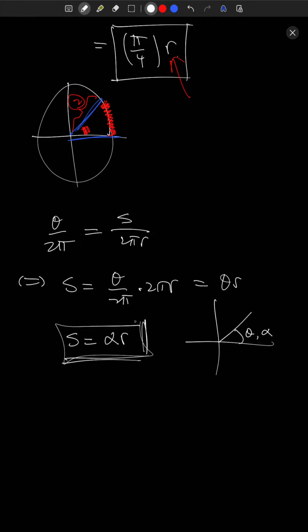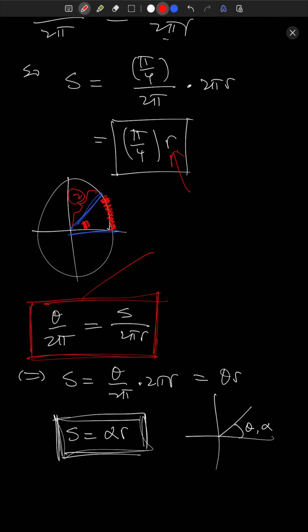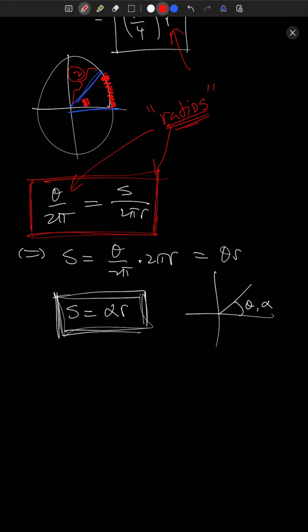You can choose to memorize this formula, but I think it's better to remember where the formula comes from, because all you have to do is essentially remember ratios. That's the key word. If you just remember this key word, you can reproduce the formula from scratch. And so there's less chance of memorizing the formula incorrectly.